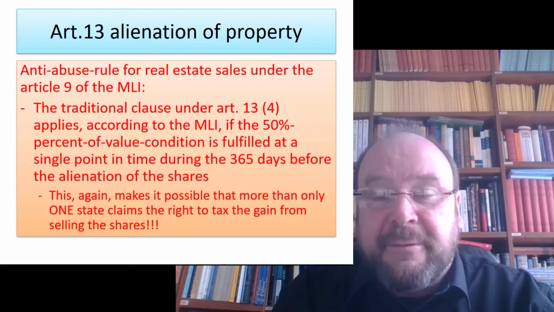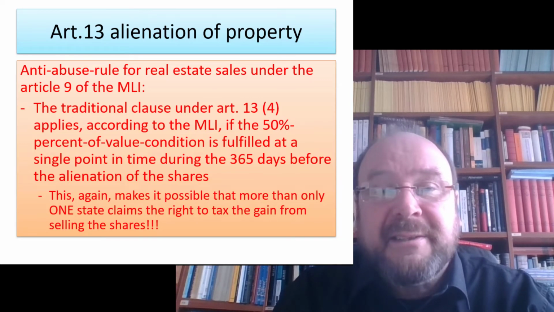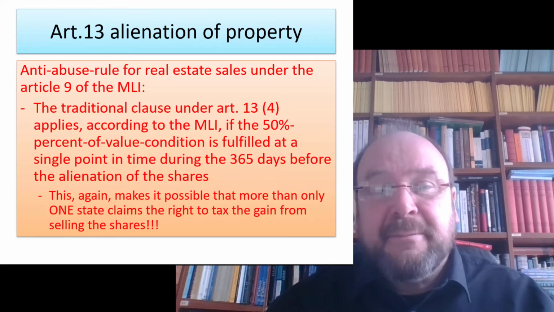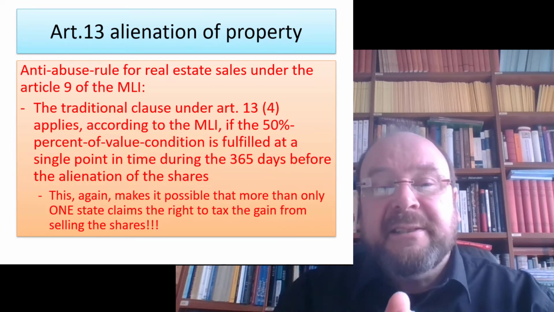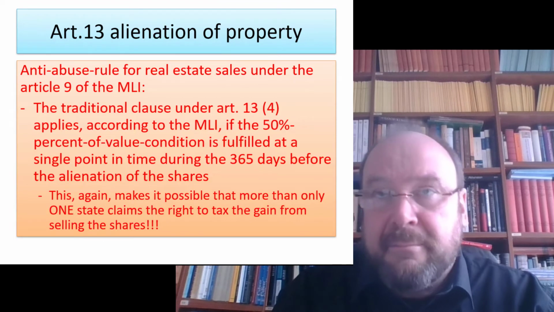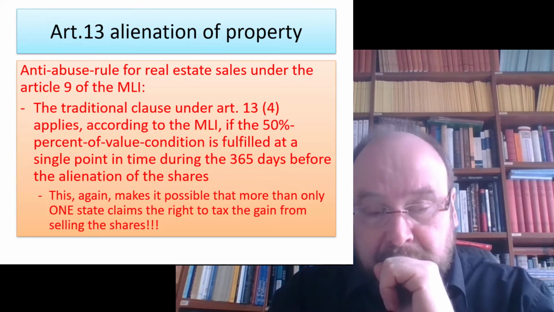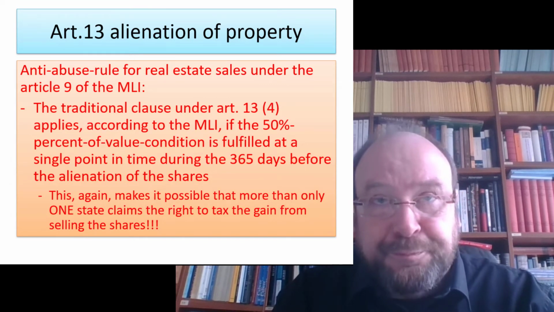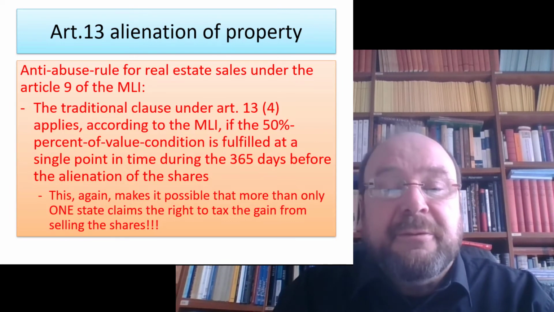Here at least you are forced to do this a time distance of practically 1 year in advance, which reduces the possibility to use that abuse model, at least to long-term prepared arrangements. Because if you now want to trigger Article 13.4 or to avoid it, you need a time of 365 days before selling.